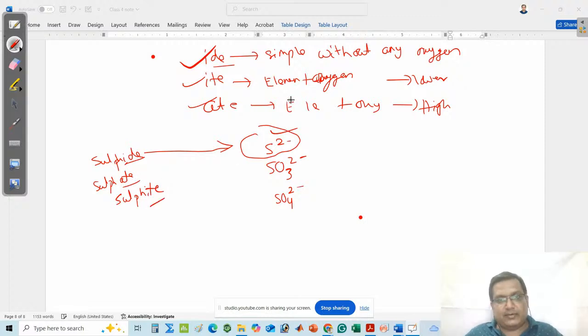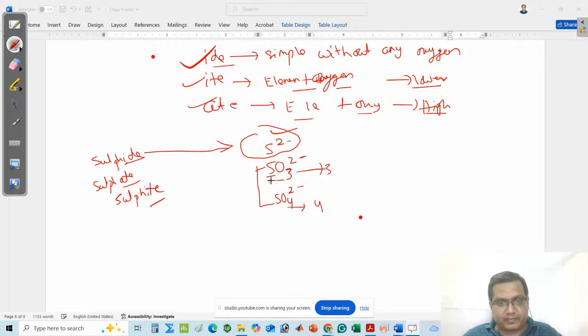Ite is related to element plus oxygen. Here the element is sulfur, and oxygen is given. In these two cases, both oxygen and elements are given. But if you think about this, here the number of oxygen atoms is 3, here the number of oxygen atoms is 4. Here I have written element plus lower number of oxygen, and element plus oxygen with higher number.